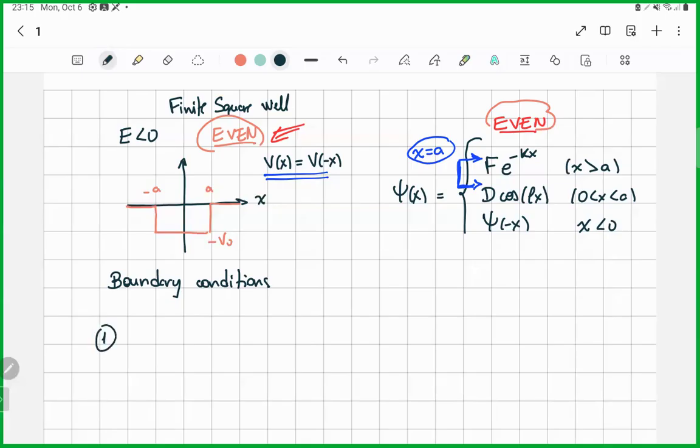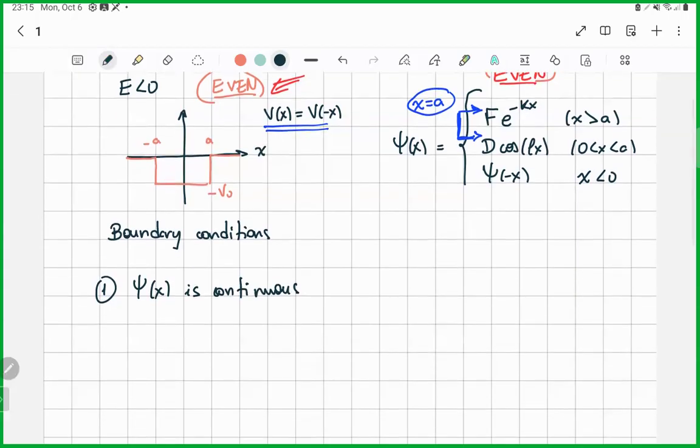The first one, as we know, is that the function is continuous at the position x equal to a. And so that means the two lines that we wrote there, the one involving the exponential and the one involving the cosine, have to get stitched at a.